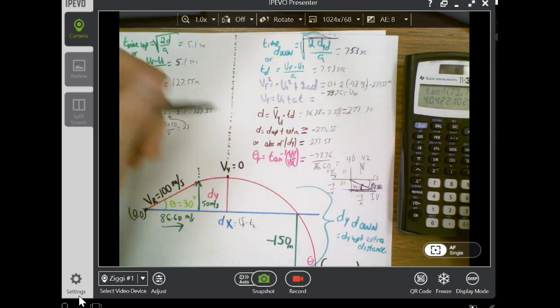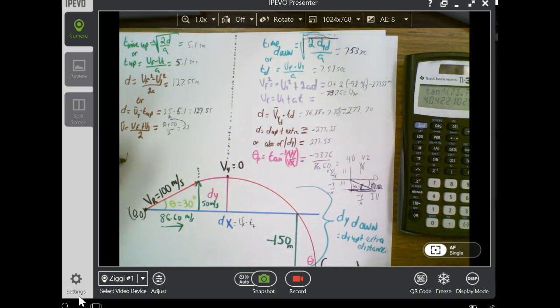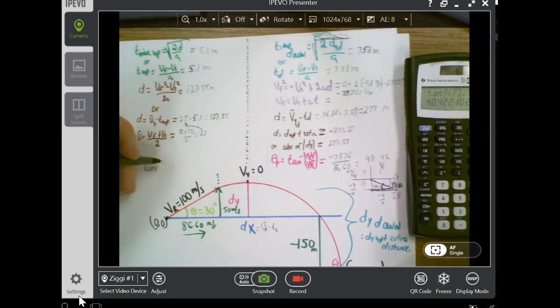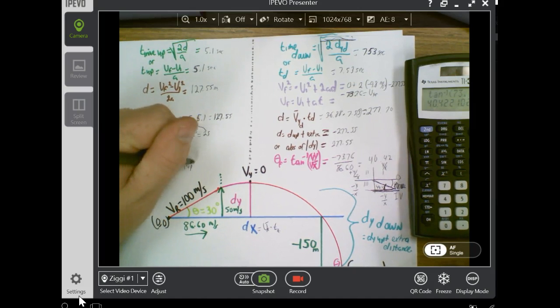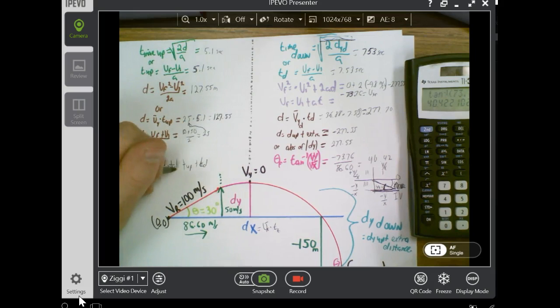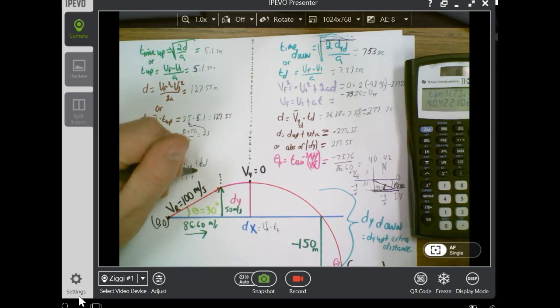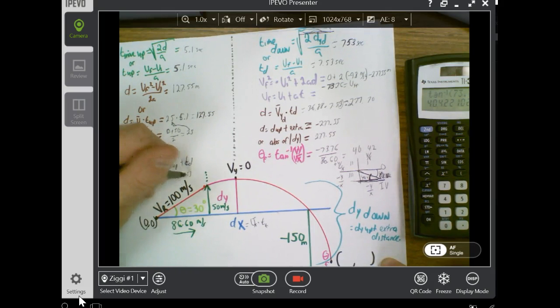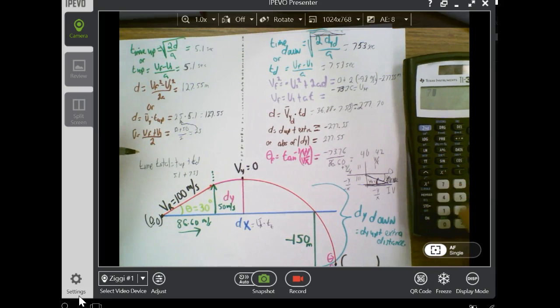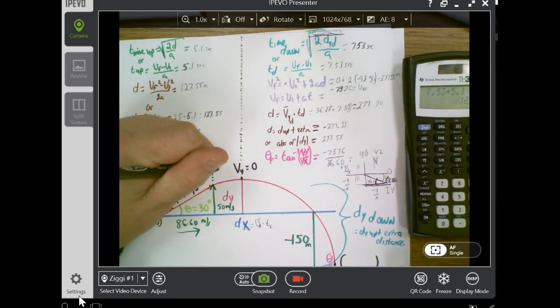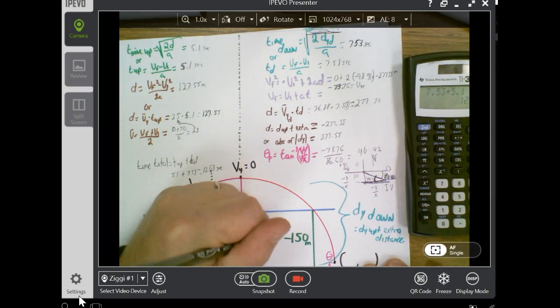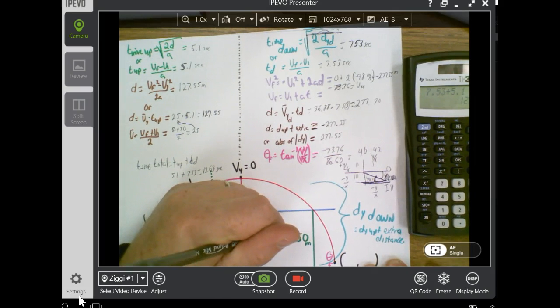My time total is the time up plus time down, which is, time up is 5.1, time down is 7.53, add them together, 7.53 plus 5.1 gives me 12.63 seconds.